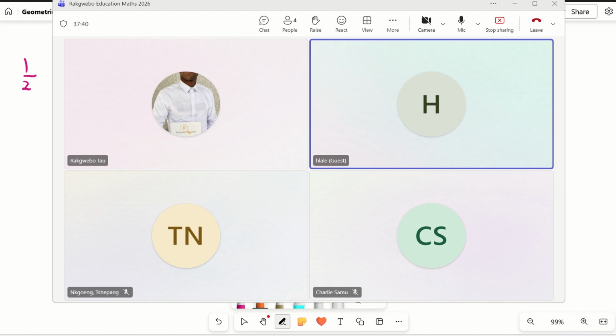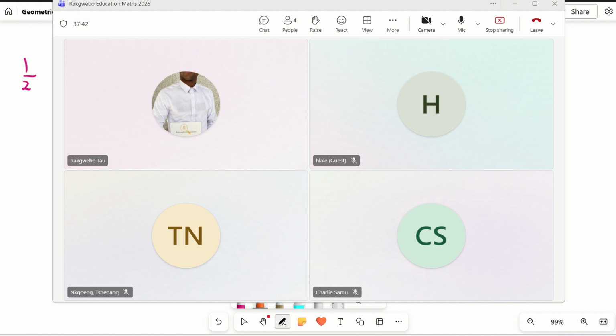Second. Almost done. Okay, okay. Take your time. Take your time. Take your time.